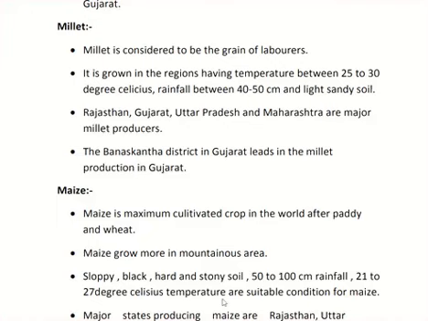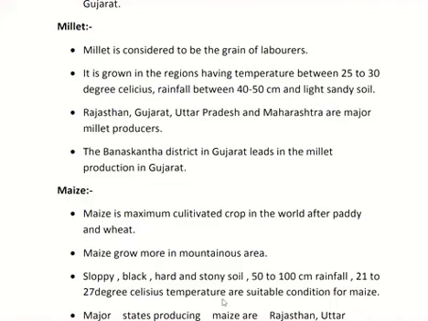It is grown in regions having temperature between 25 to 30 degrees Celsius, rainfall between 40 to 50 centimeters, and light sandy soil. Rajasthan, Gujarat, Uttar Pradesh, and Maharashtra are the major millet producers. Banaskantha district leads in millet production in Gujarat. The highest production is in this district.